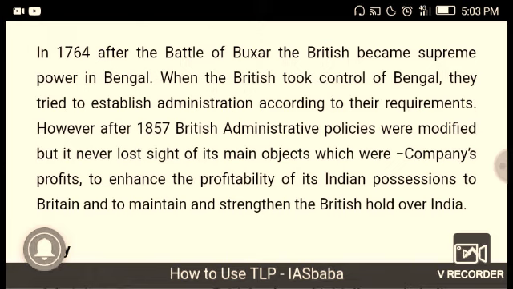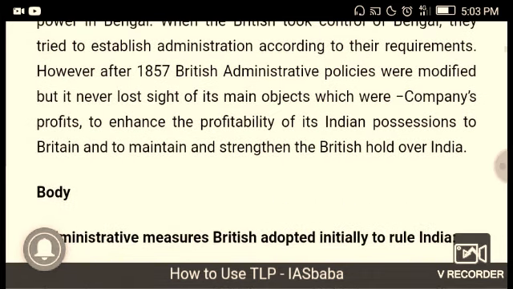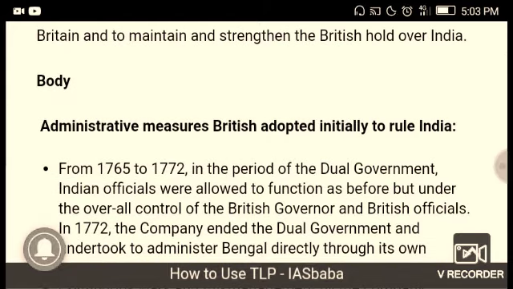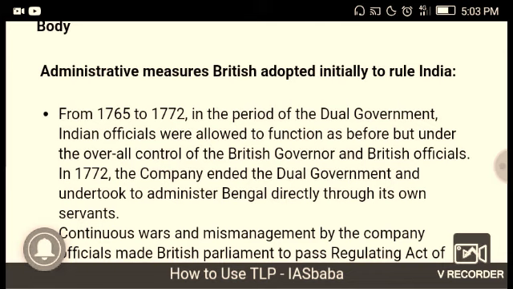However, after 1875, British administrative policies were modified, but they never lost sight of their main objects, which were the company's profits, to enhance the profitability of its Indian possessions to Britain, and to maintain and strengthen the British hold over India.